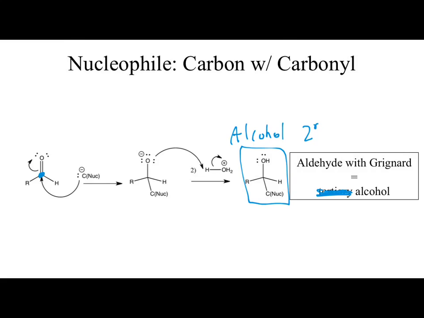Copy paste. It's only going to get worse too. Because this is copy pasted once more. What if you want a primary alcohol? What's that? If we go back to our starting material, instead of that being an aldehyde, or instead of having an R group there, I want to have another hydrogen.